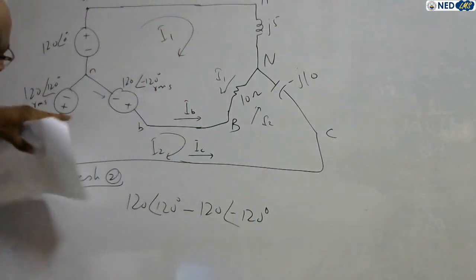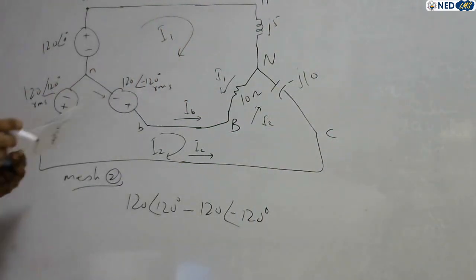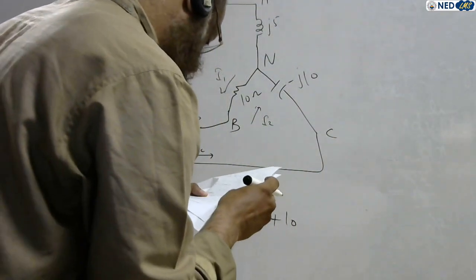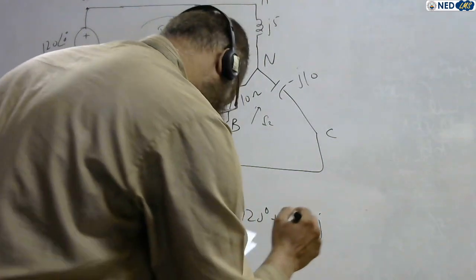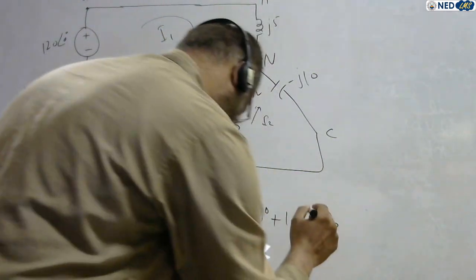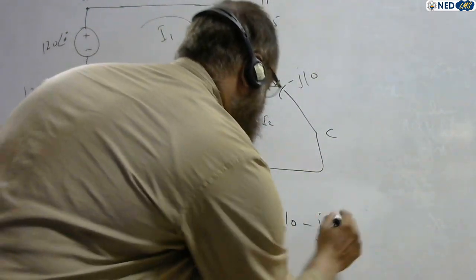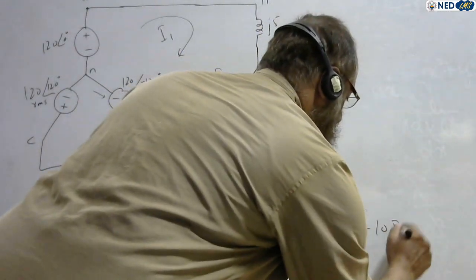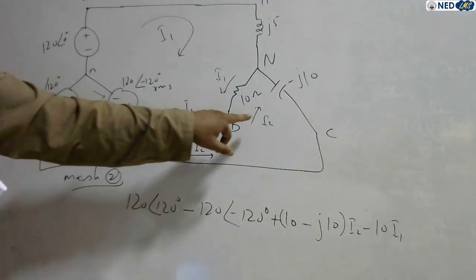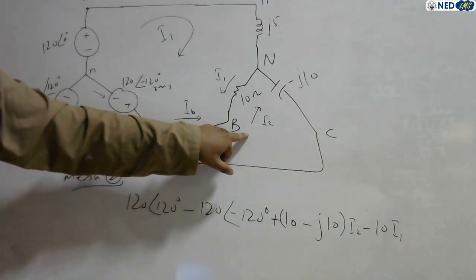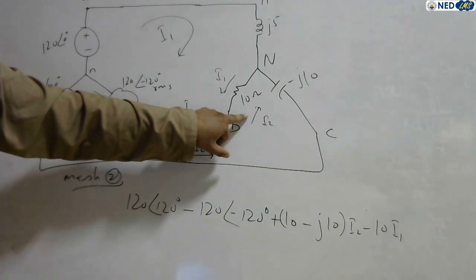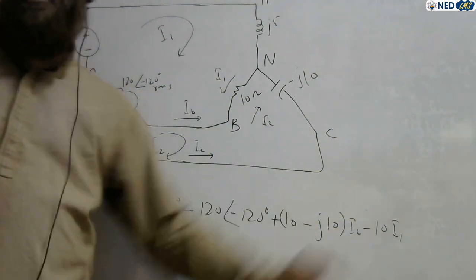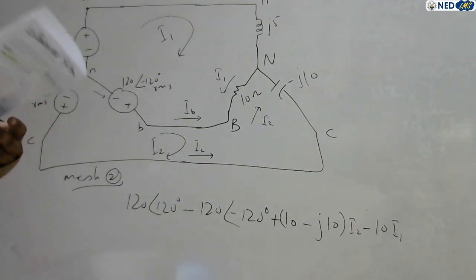See, this mesh covers this source. Plus 10 minus j10 I2 and minus 10 I1. Again, because we are writing the mesh 2 equation, mesh 2 current is supposed to be greater than mesh 1 current. So the difference of current, that is minus 10 I1. So this one is a mesh equation.